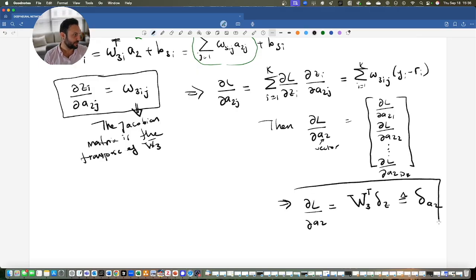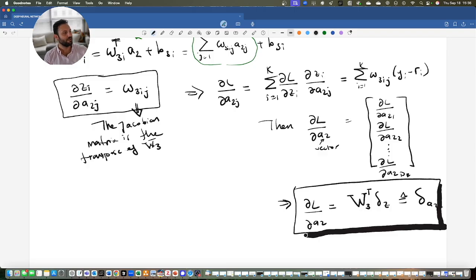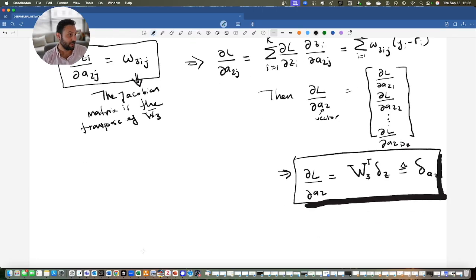Let's go ahead and put this into a box as well. Here we did some math, but before moving on, let's go ahead and understand what's going on. In order for me to calculate the error that's being backpropagated through a layer to its input, note that the output of this layer is z, and the input of this layer is a2, and the gradient that comes to it is delta z.